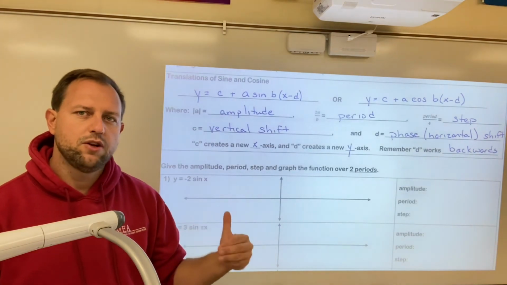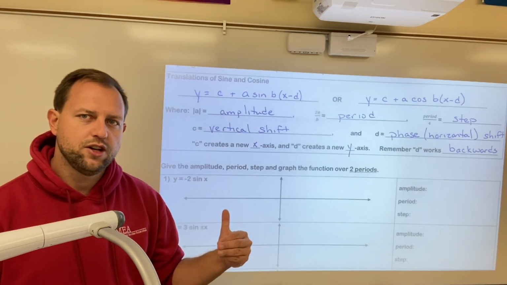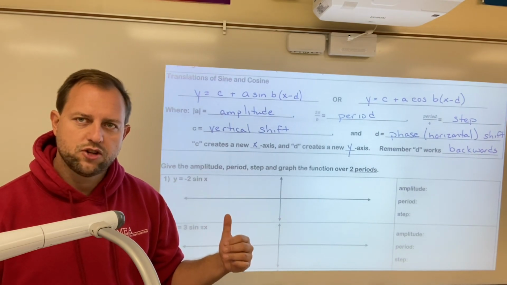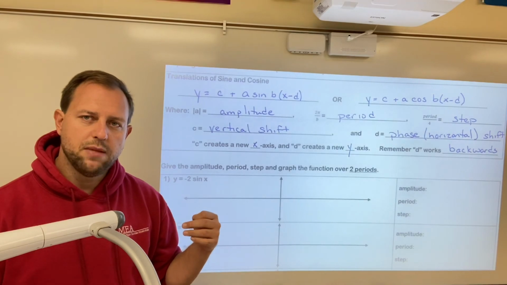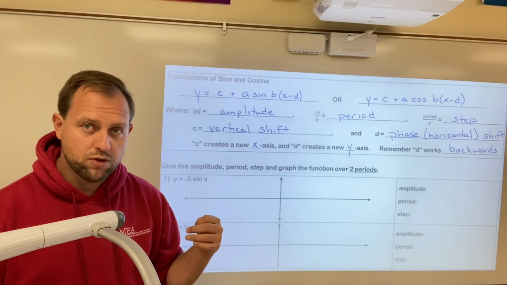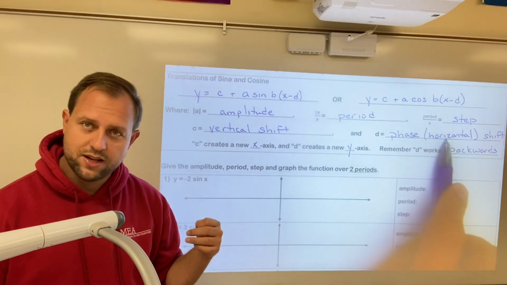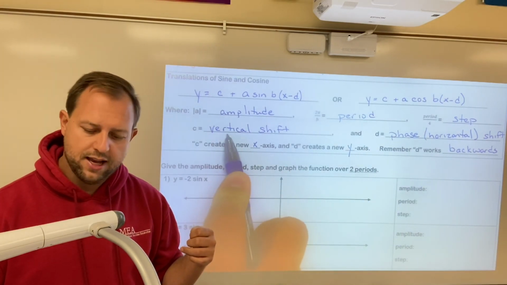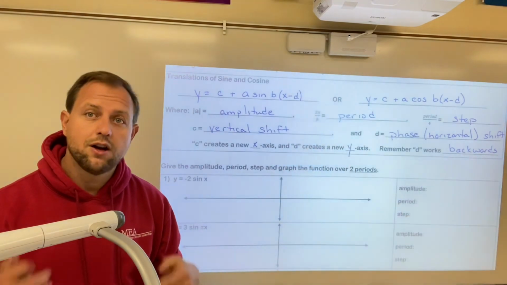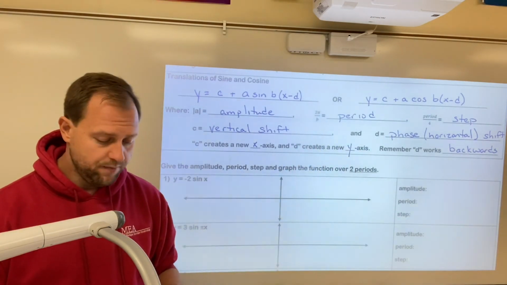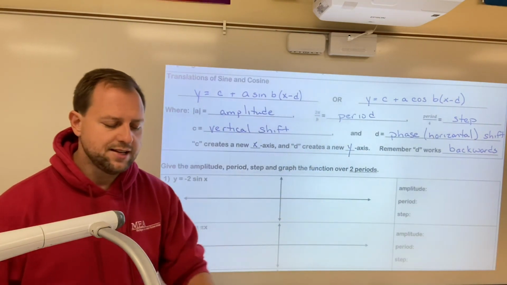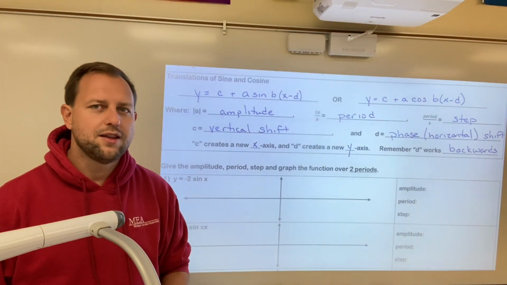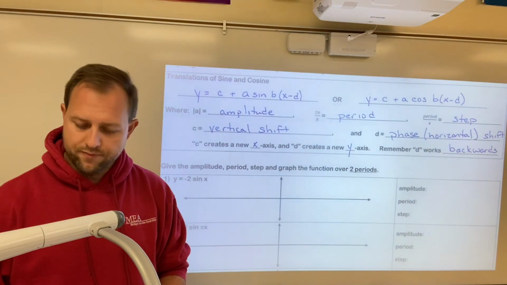So everything we learned in Algebra 2 on shifts of any of the different functions we did shifts on, it was x minus h, and h worked backwards because that was our horizontal shift, and k was our vertical shift, and it was just being added at the end. Put the plus c over here, works the exact same way. Okay, so this is not necessarily new. We're just now doing it with the trig functions.